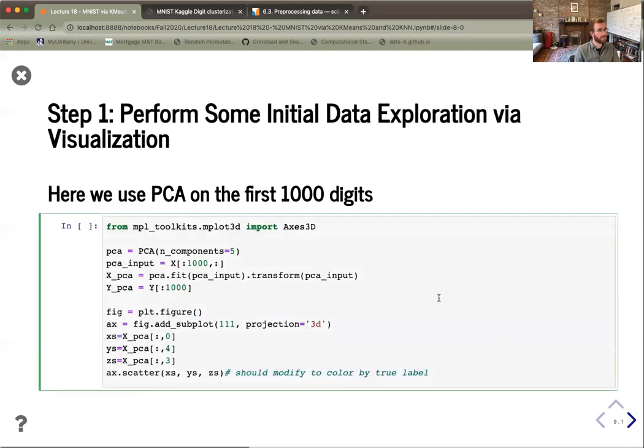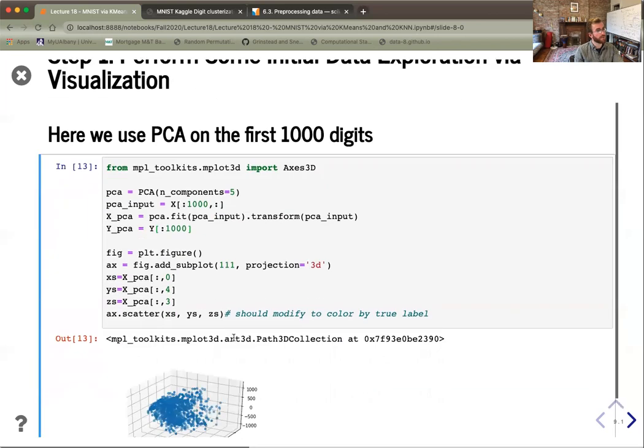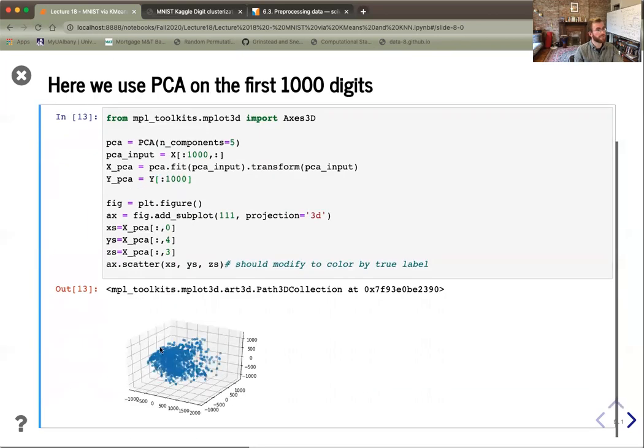So here we're going to use some of Matplotlib's toolkits, including how to plot in 3 dimensions. Let's first look at taking the first 5 principal components. We're just going to use it on the first 1,000 digits of X. If we do that, we get this very nice plot.